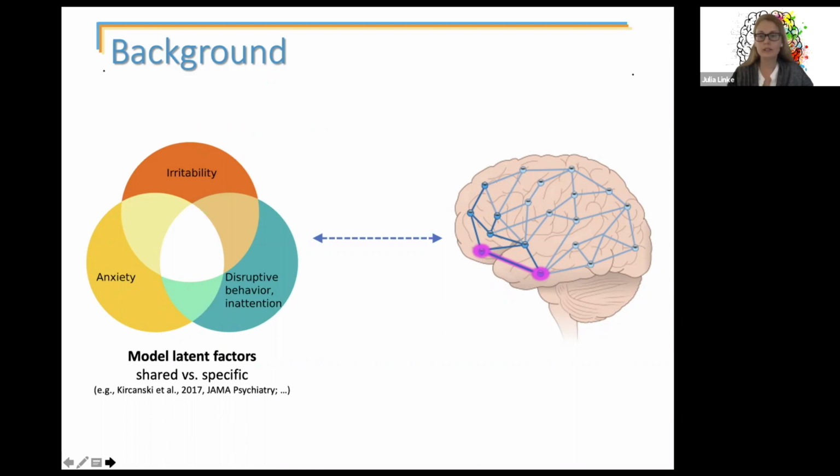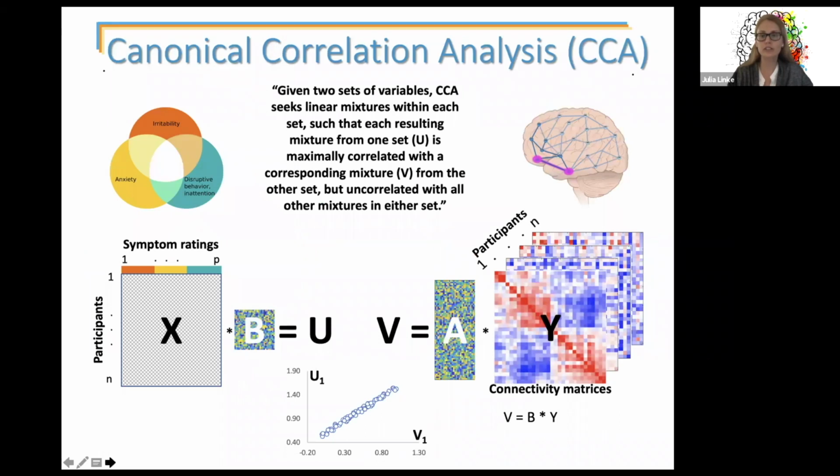Now, latent variable approaches can be divided into theory-driven approaches such as bifactor models or more exploratory techniques. And in the present study, I used one of the more exploratory latent variable approaches that is called canonical correlation analyses, or short CCA.